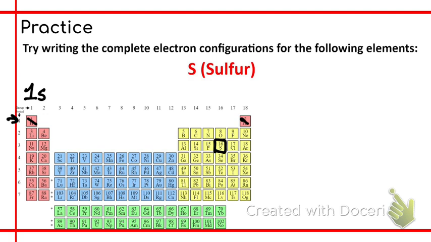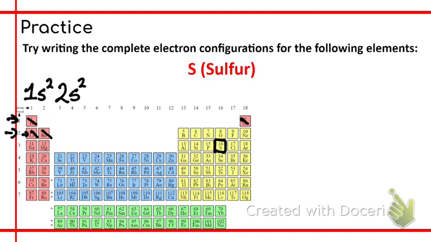So we're going to get our 1s2. Now, we're at the end of our paragraph. We move on to the next. So we're going to start now at row 2. We are entering into our S block, and it is able to hold 2 electrons. So we get our 2s2.